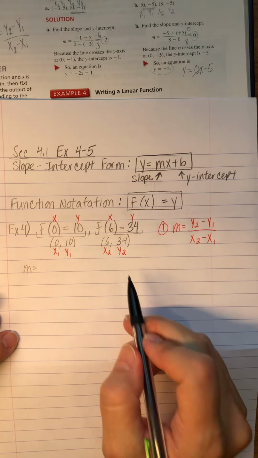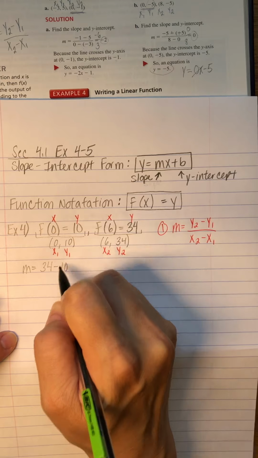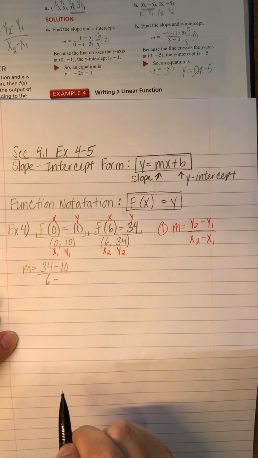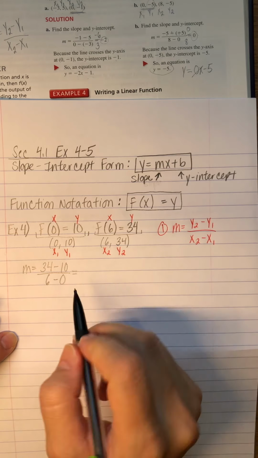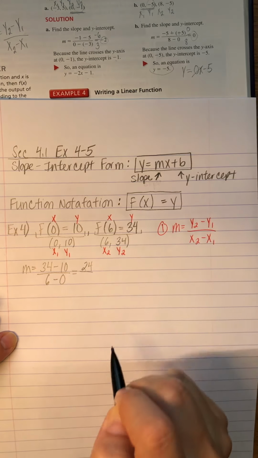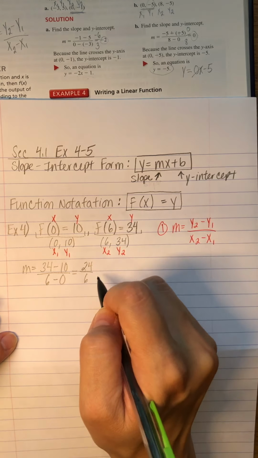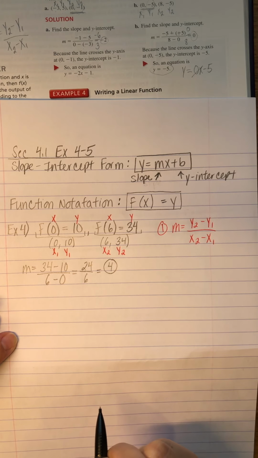So our y2 is 34 minus our y1 is 10 over our x2 is 6 minus our x1 is 0. Let's simplify. On the top, I would get 24. On the bottom, I would get 6. Let's simplify more. 24 divided by 6 is 4. That would be our slope.